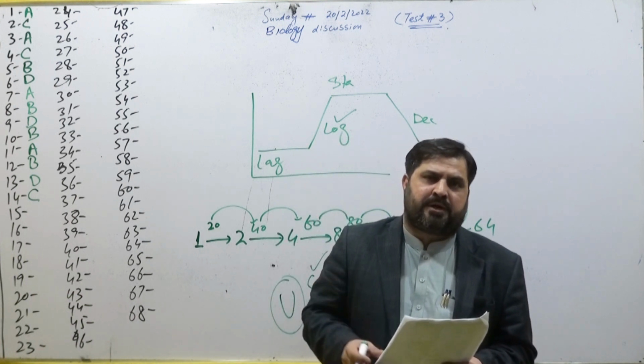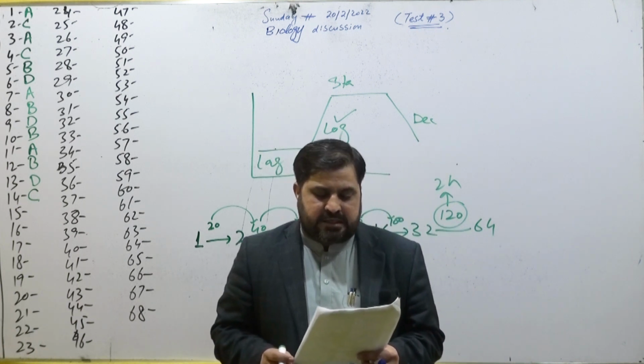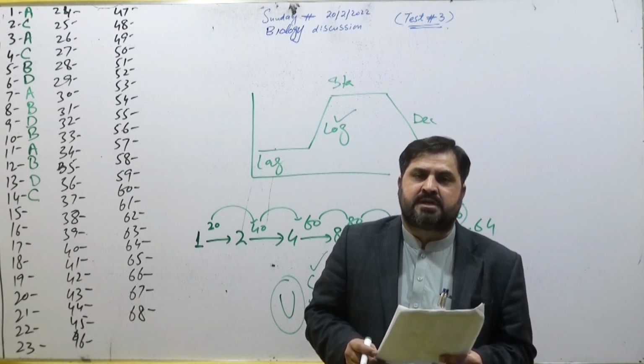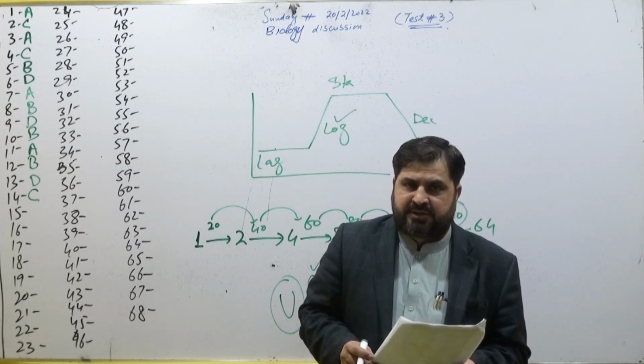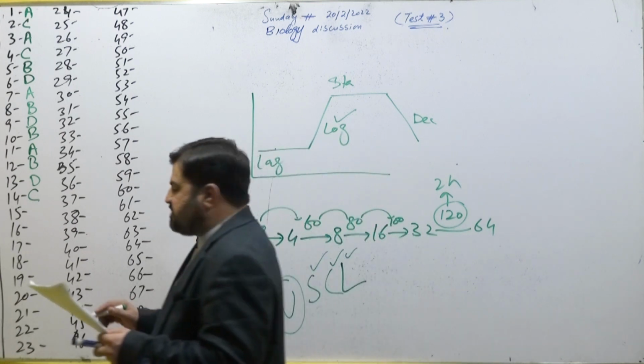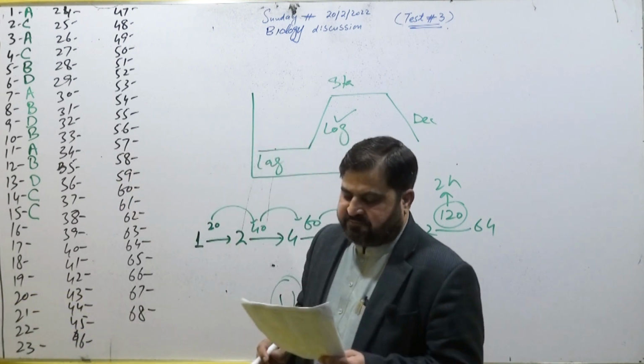So the filtration process is mostly recommended. Coming toward MCQ number 15: phenolics are effectively used against gram-positive bacteria in nurseries, the small-size plants and different categories of plants. So we use phenolic substances for removal of gram-positive bacteria.